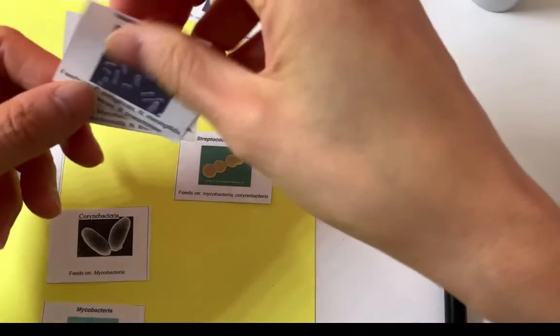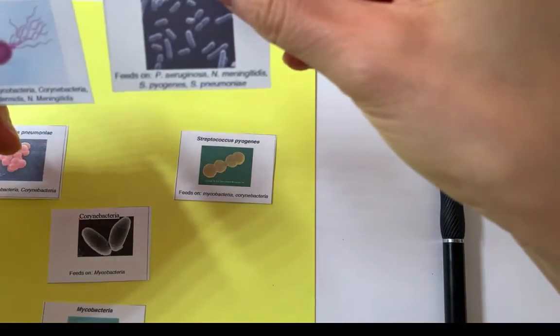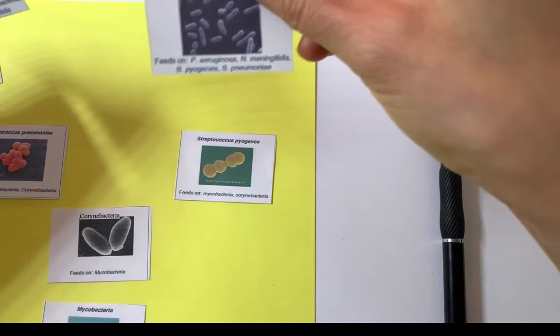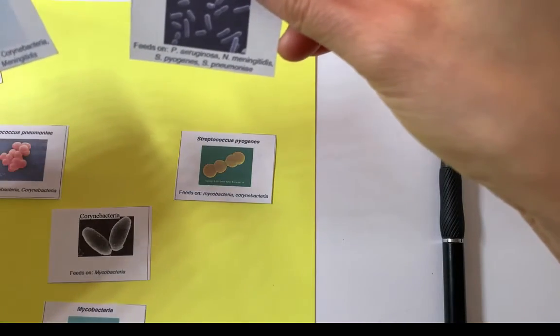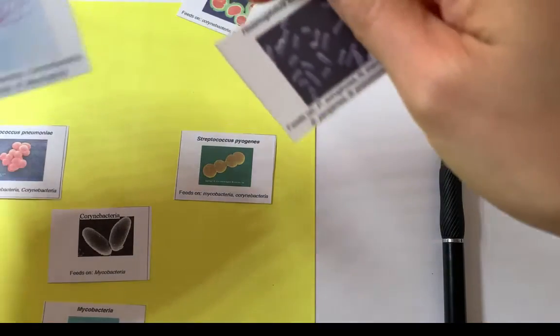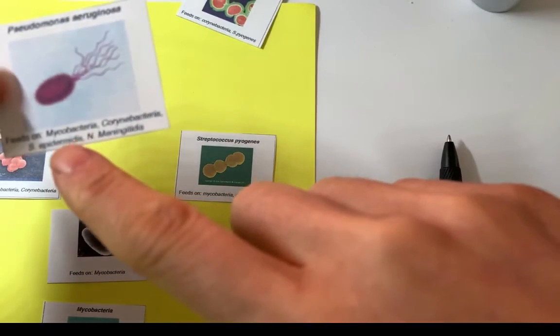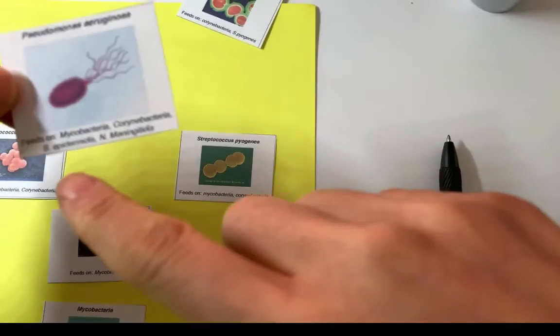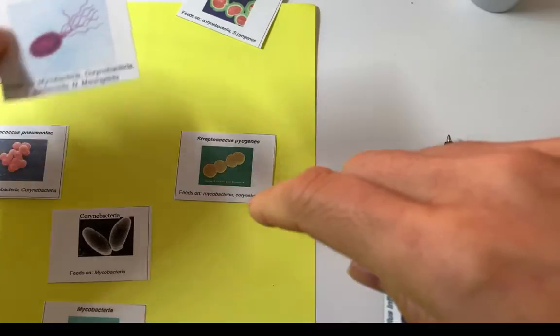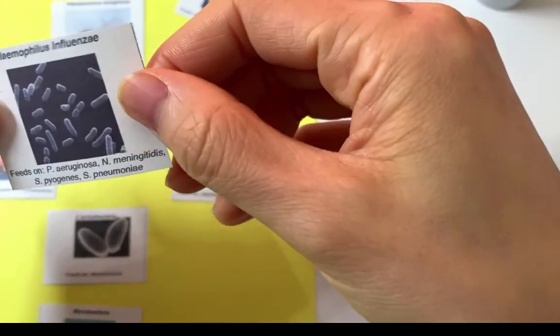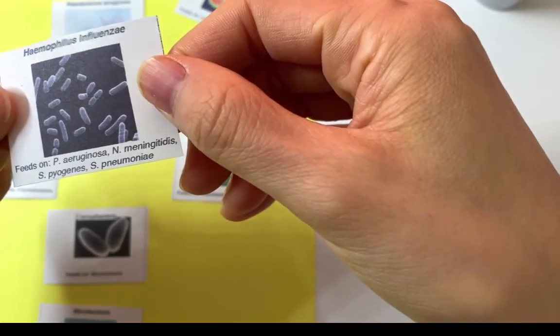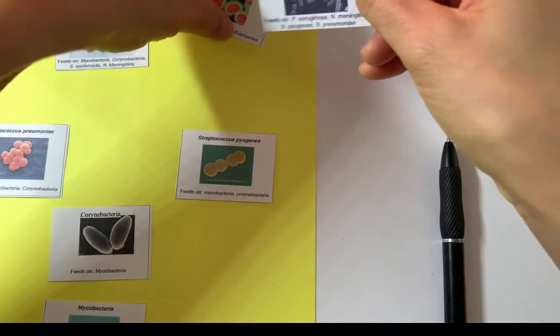Okay, it gets a little tangly because they don't just eat one thing. Okay, this also gets energy from mycobacteria, Corynebacteria, and then two other kinds of bacteria. So I'm going to put that a little higher. This one is going to be higher up.